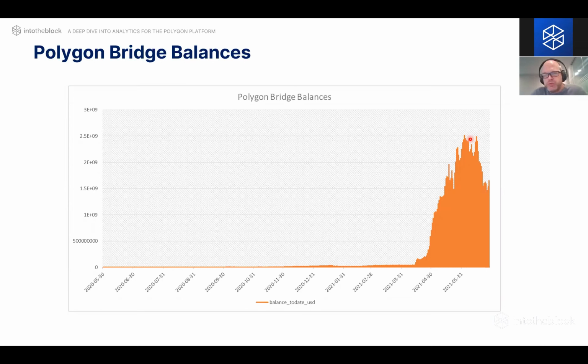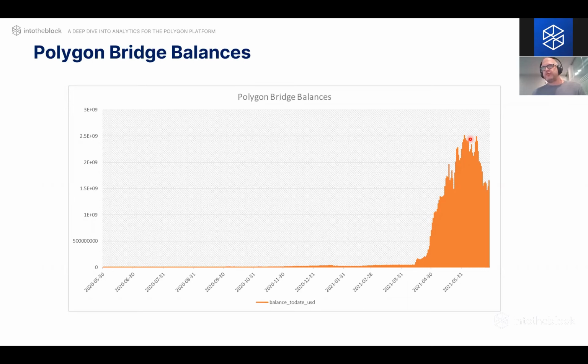So this bridge remains one of the most popular mechanisms for transferring funds between DeFi protocols in Ethereum mainnet and Polygon, and it is a metric that we pay close attention to, because it's an indication of how much attention we're seeing on the Polygon blockchain, particularly in DeFi and NFT.